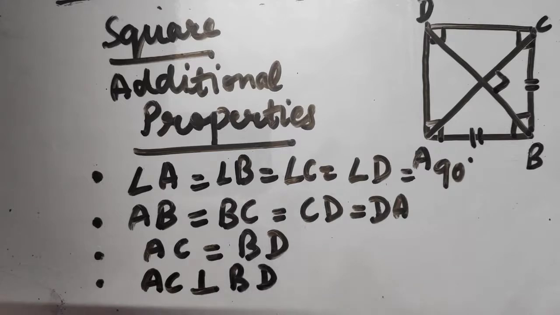Then after that, the diagonals bisect the angles of a square.